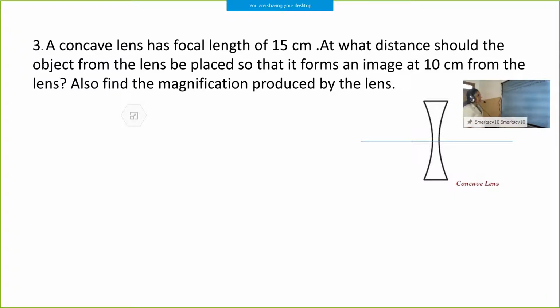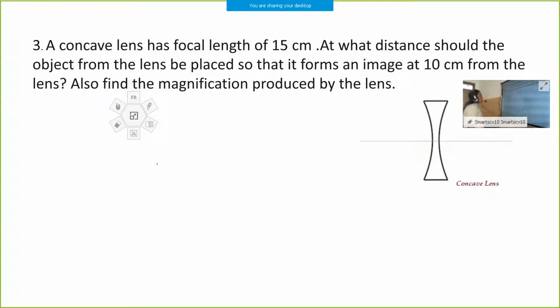Also find the magnification produced by the lens. Finished writing, all of you?